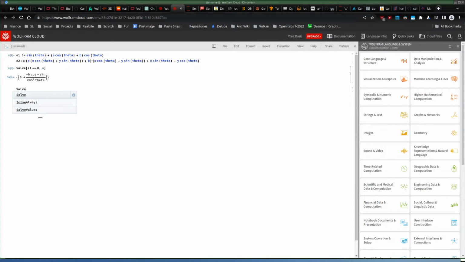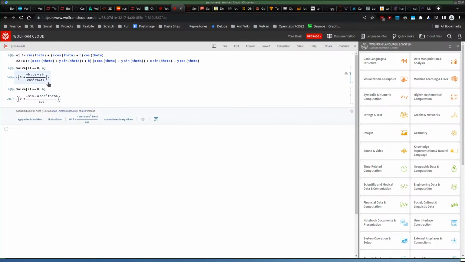Solve E1 equals 0 for B. They both look horrible. How does this have a theta and those don't? Sine theta, cosine theta, cosine theta, cosine theta, sine theta, cosine theta. Those are not sines, those are variables.